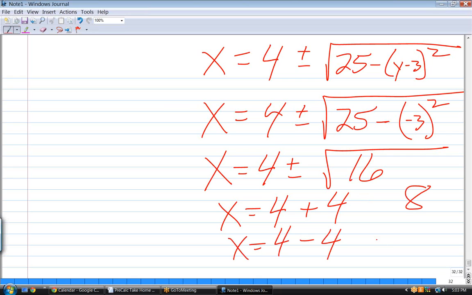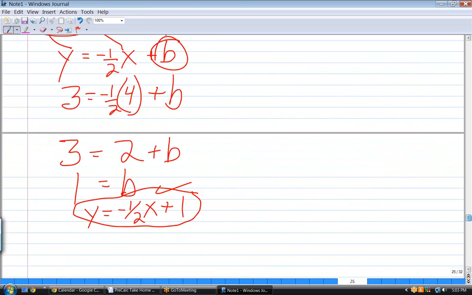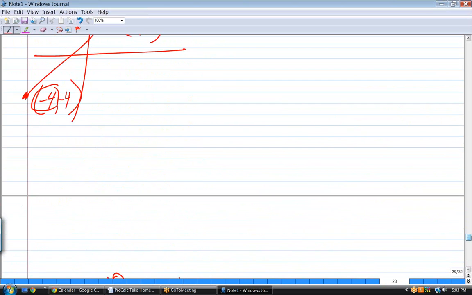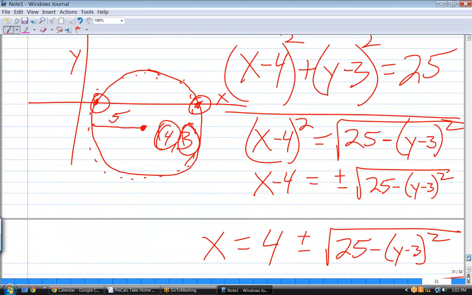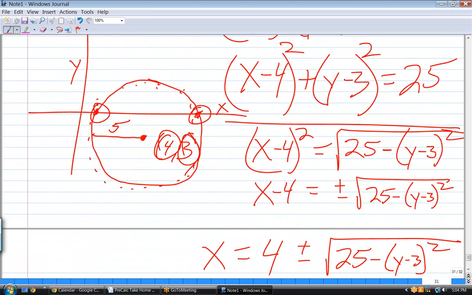So the 2 points are 8 and 0. In other words, on my original drawing, this point is at x equals 0, and this point is x equals 8. Both of those points are exactly 5 units away from the circle's center.